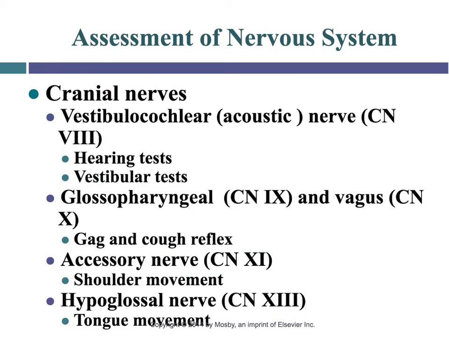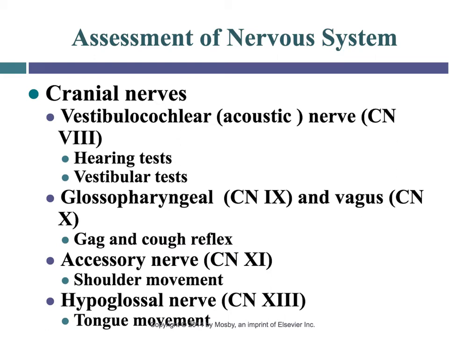So just a couple of things that I want to point out on this particular slide. This is part of the assessment for the cranial nerves, when we get to hearing tests and we're looking at the acoustic nerve, cranial nerve number 8. There's something called a vibration tuning fork.